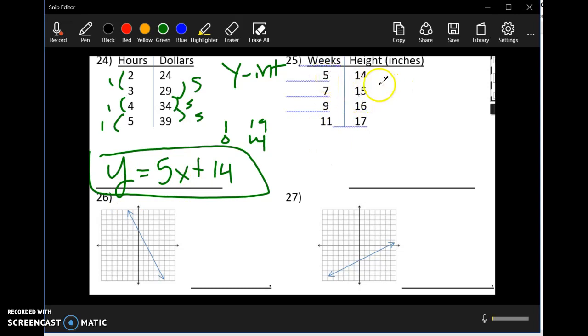So then when we look at this one, we can see that this is jumping by 2, and this is jumping by 1. So our slope for this thing is y equals 1 over 2x, and then we have to backtrack.